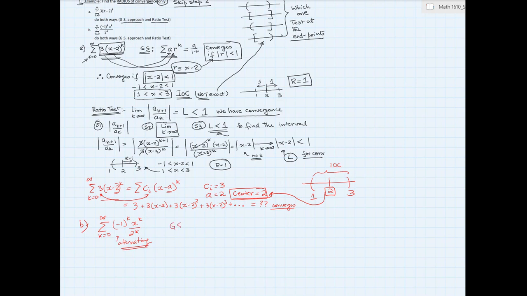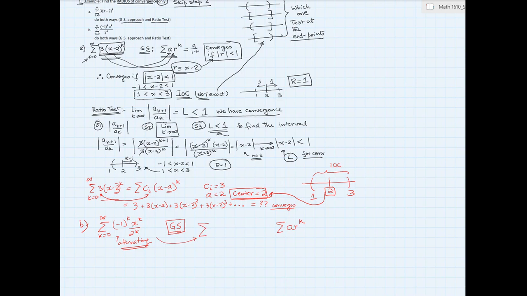Okay, so we're going to do both ways. First we're going to do the geometric series approach. For the geometric series approach, we are going to see if we can make this series similar to our geometric series a r raised to the power k. So let's write this series in that way. I have negative 1 raised to the power k, x to the k, 2 raised to the power k.